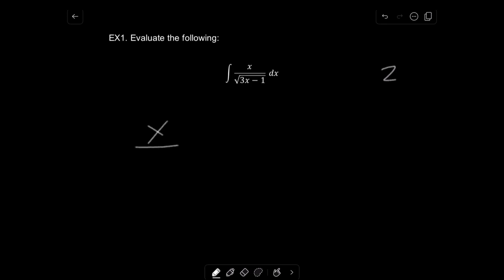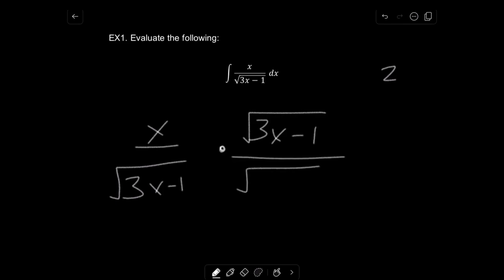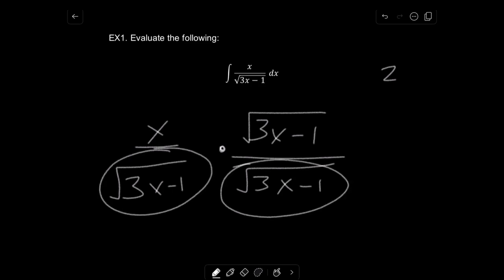So we have x over the square root of 3x minus 1. And a fair guess to try and manipulate this integral would be to multiply it by the square root of 3x minus 1. Some integrals were made easier to integrate when we multiplied by the square root of what was in the denominator, if that denominator had a square root.